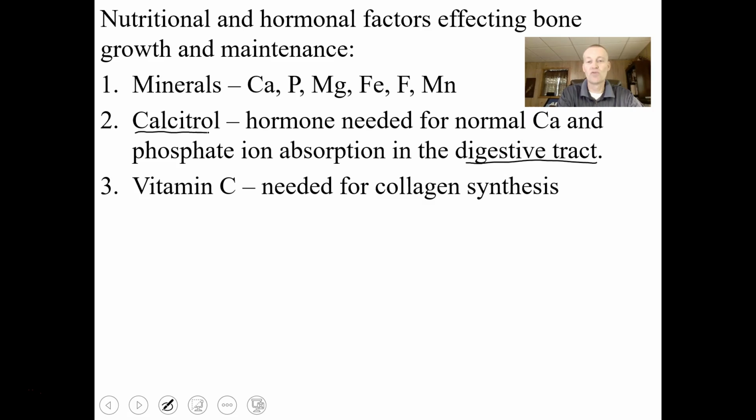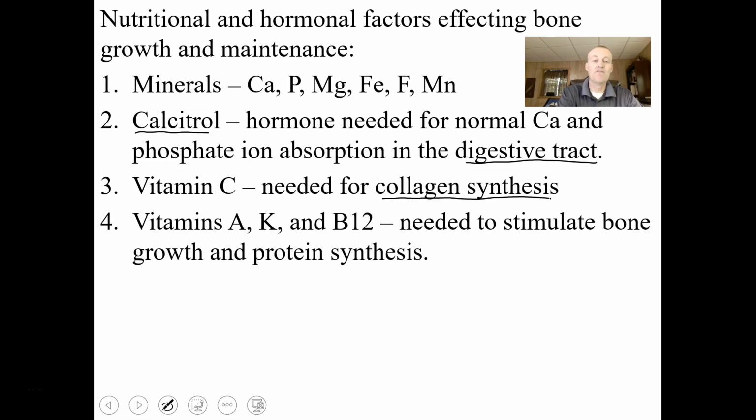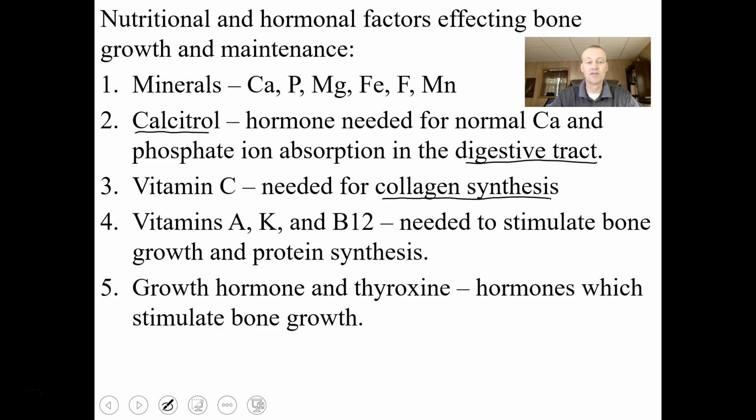Vitamin C is critical for collagen synthesis. If you can't produce collagen fibers, you can't produce the actual matrix of the bone that those hydroxyapatite crystals will attach to. Vitamins A, K, and B12 are needed to stimulate bone growth and protein synthesis.